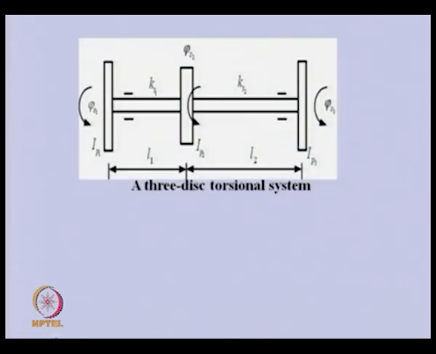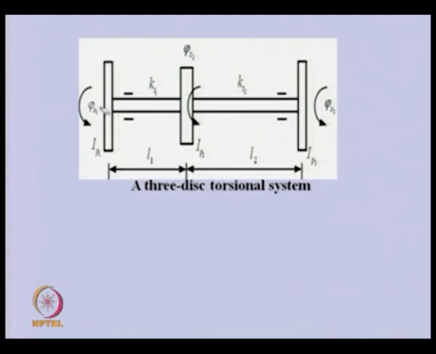So, let us take one rotor system in which we have 3 discs. These discs are rigid, they have high polar moment of inertia. These shafts are flexible in torsion, but they do not have as such inertia effect, and here you can see that during torsional oscillation these discs have relative torsional twist.